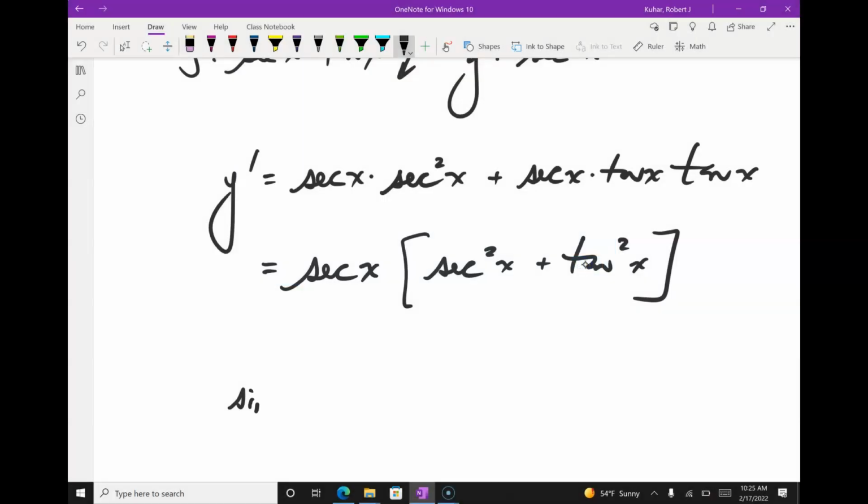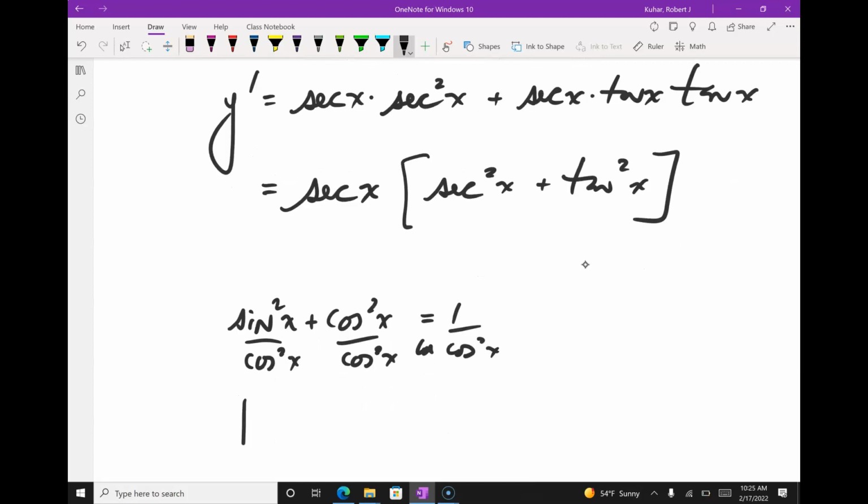Sine squared x plus cos squared x equals 1. If I divide everything here by cos squared, what do I get? I get tan squared x plus 1 equals secant squared x.